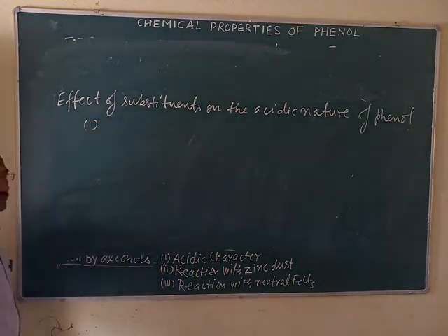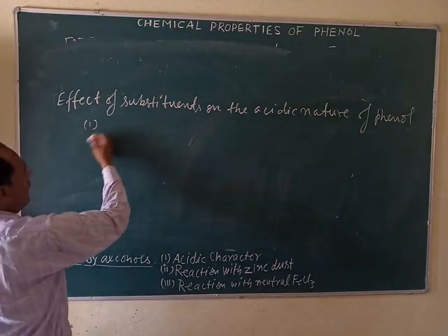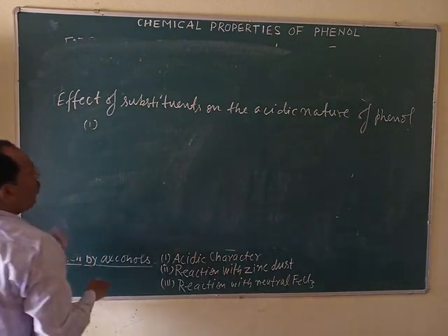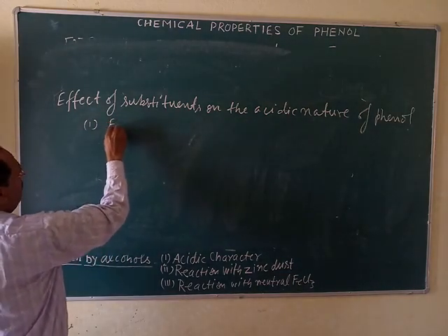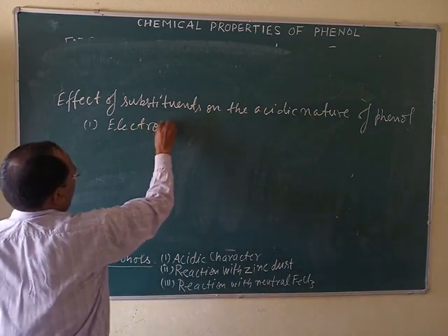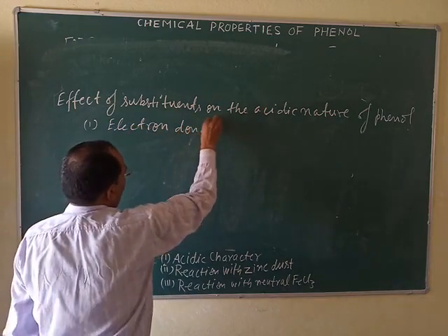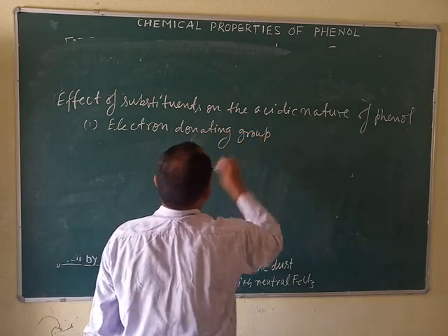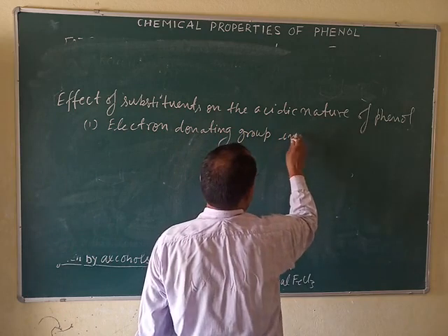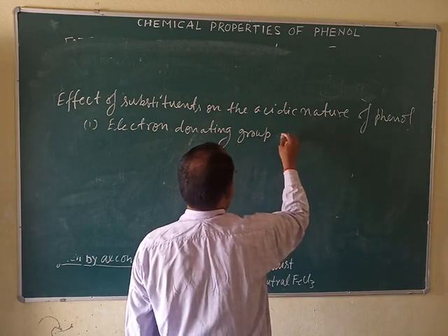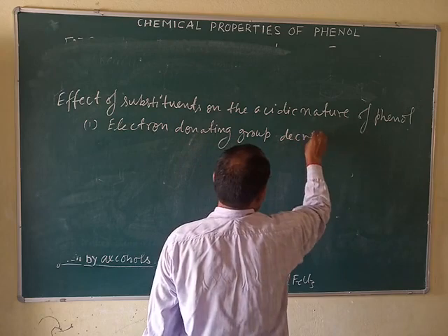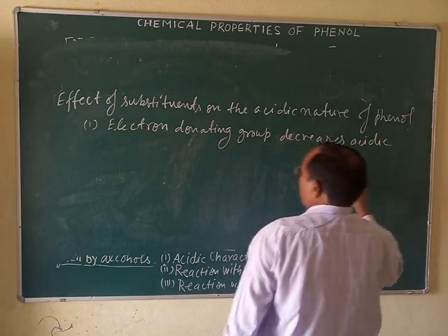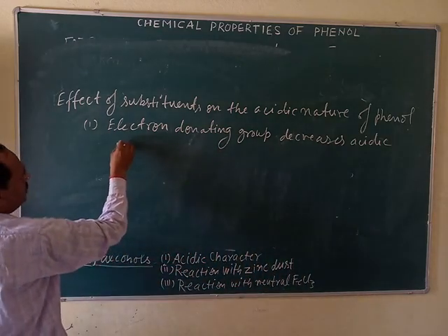First, electron repelling groups, means plus I groups or electron donating groups. Electron donating groups decrease the acidic strength of phenol.